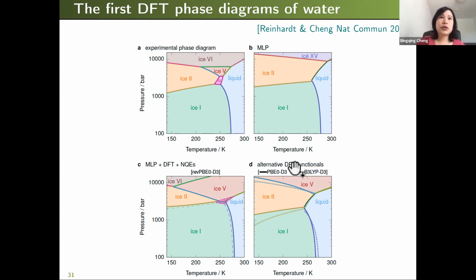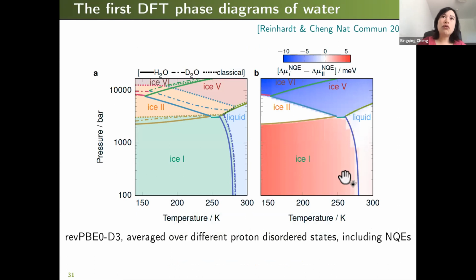And this level of prediction is actually much more accurate compared with the empirical water models. Moreover, the nuclear quantum effects usually shift up and down the stability by about 5 millielectron volts per molecule. And at high pressure, this can really move around the phase boundary. This is just to compare the phase boundary of H2O, D2O, and the classical water, assuming point-like nuclei.